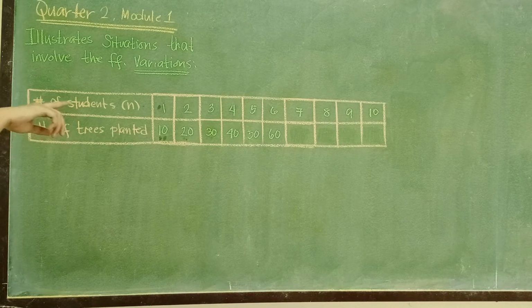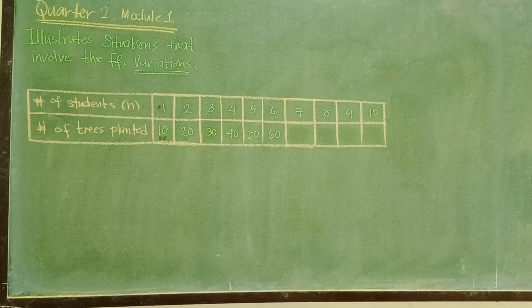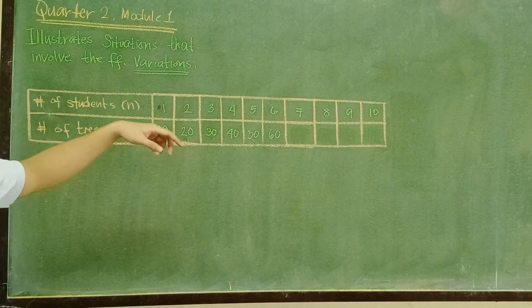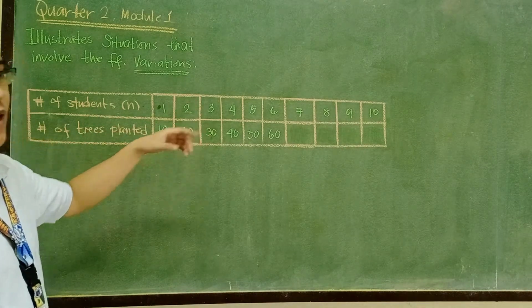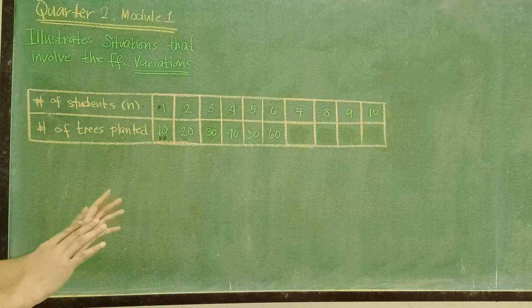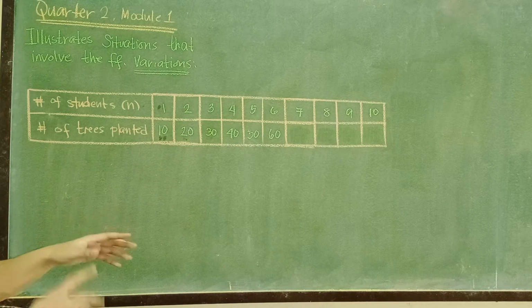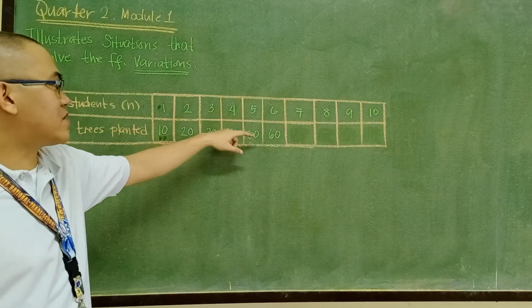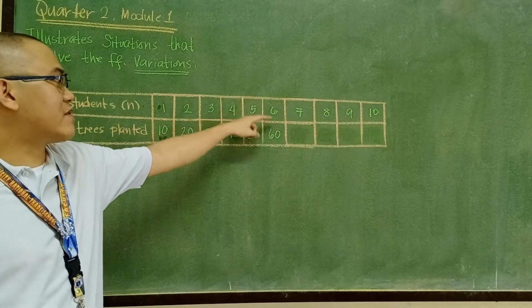Now, kung mapapansin niyo yung pattern, yung number of students sa taas, multiply mo lang by 10. So, 1 times 10, you have 10. 2 times 10, you have 20. 3 times 10, you have 30. Dahil nga kada isang estudyante, 10 yung itatanim nilang puno. So, 4 sila. 10 times 4, 40. 5 times 10, 50. 6 times 10, 60.